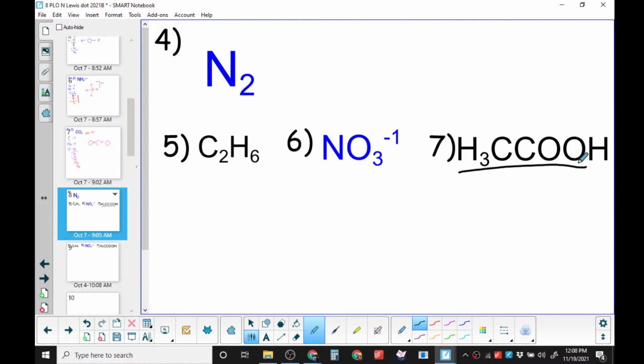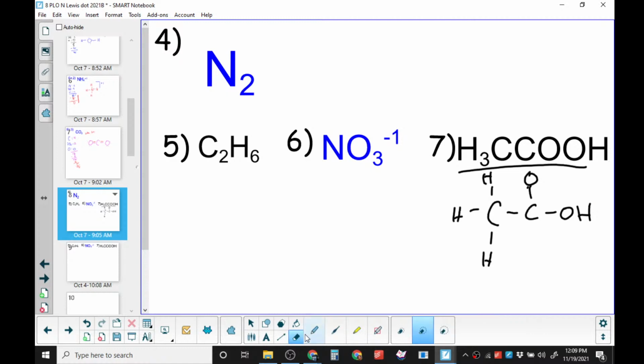So what I'm going to do is give you the connectivity, and then you can try and figure out if there's any double bonds where it goes through. So for carbon, it would look like this. I am only putting single bonds in. I'm only showing connectivity, but notice the carbons are attached. It would have an oxygen there and an OH there. One second. So use that as sort of a guideline.